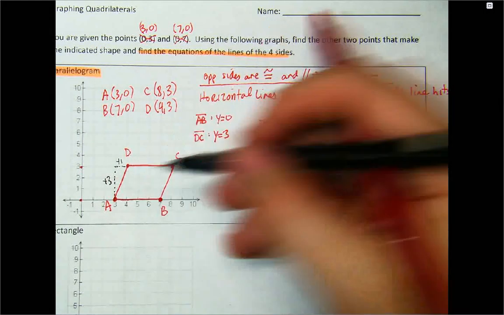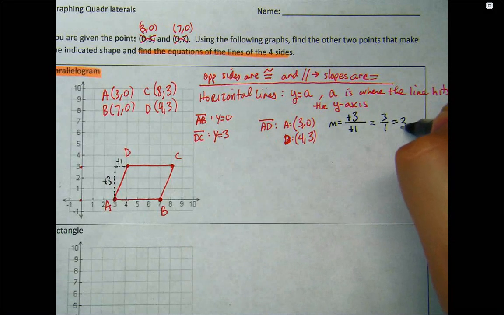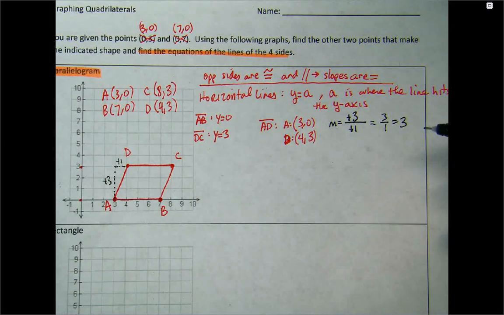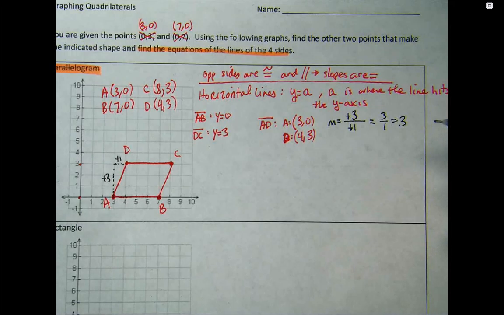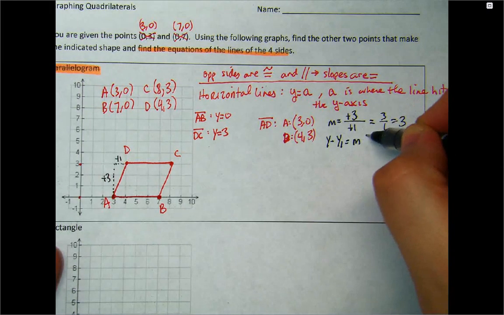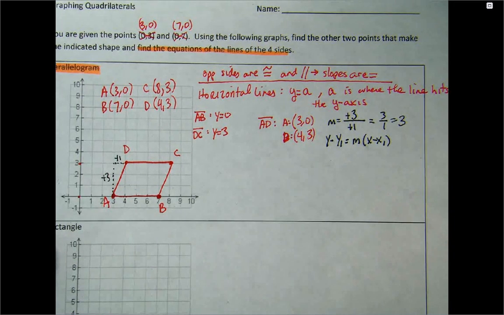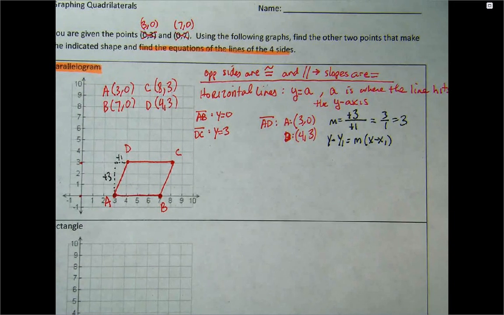So my slope is equal to 3 over 1, which is 3. Now, what equation can we use to actually create the line? You guys remember this one?